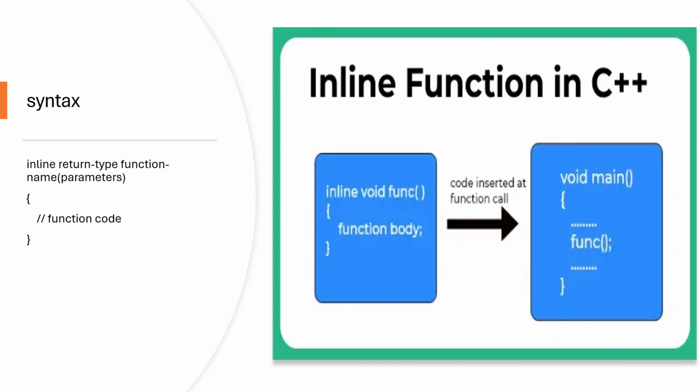So if we call the function, the whole function body, whatever you wrote, three to four statements, will be inserted or substituted here. The syntax is normally the keyword inline, then the usual return type, function name with the parameters, and function code. All that we write in that function code will be substituted there.